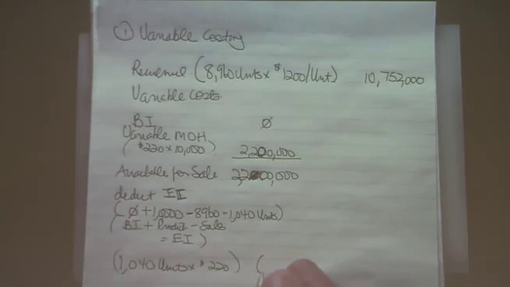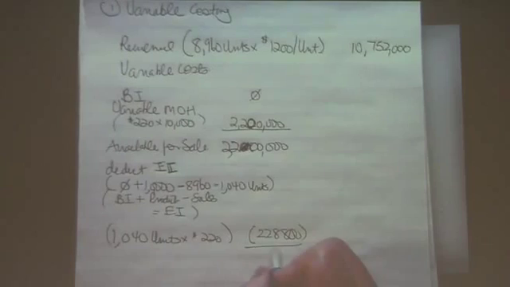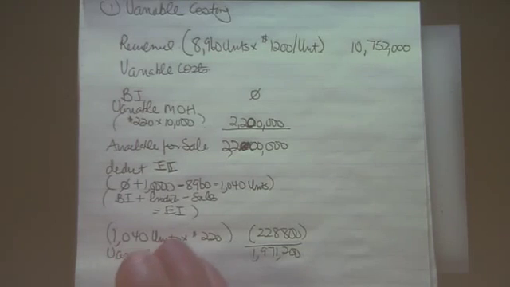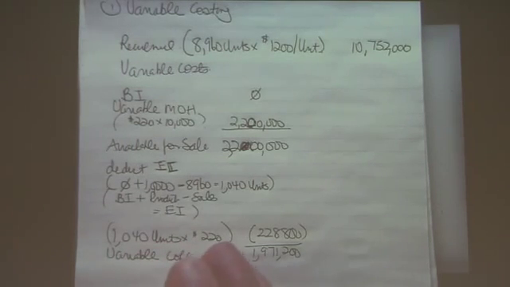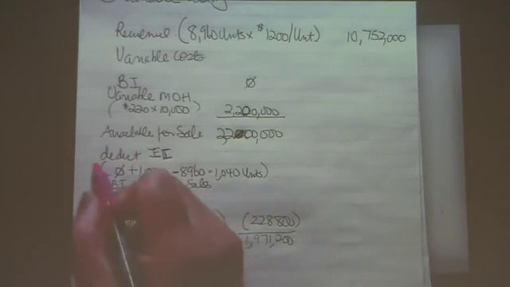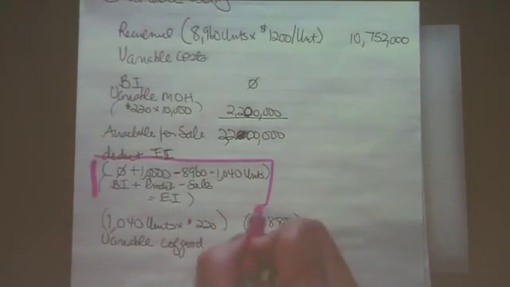We're going to subtract 228,800 to give us variable cost of goods sold. This is how we calculate ending inventory.